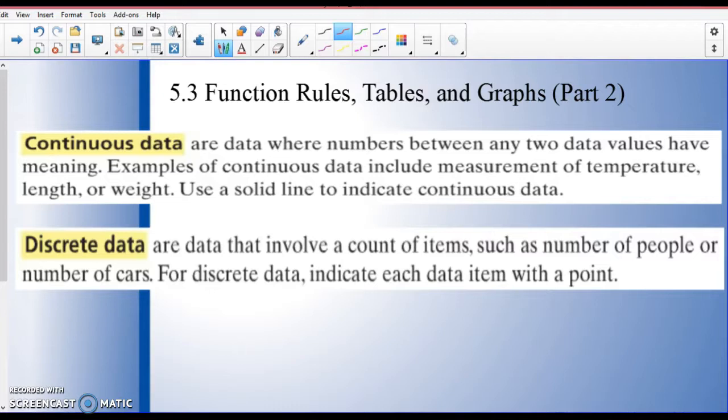Continuous data would be something like this. Pretend I said f of x equals 2x plus 10, and our data, x is time in minutes, and y is temperature.